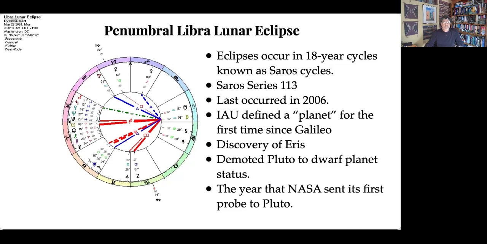They weren't quite sure how to handle it, so they realized that they had to come up with a new formula for what was really a planet. Unfortunately, they demoted Pluto to dwarf planet status, and they actually promoted Ceres, which is the only perfectly round object in the asteroid belt, to dwarf planet status. Interestingly enough, it was the year that NASA sent its first probe to Pluto.